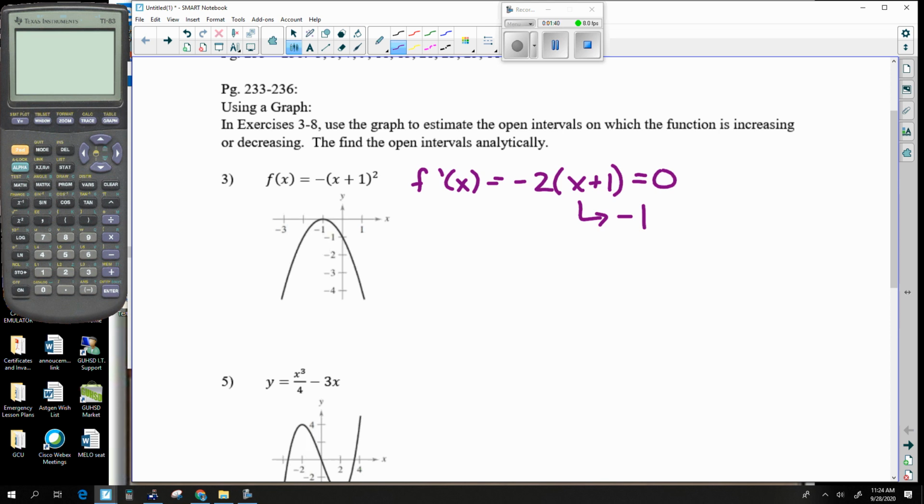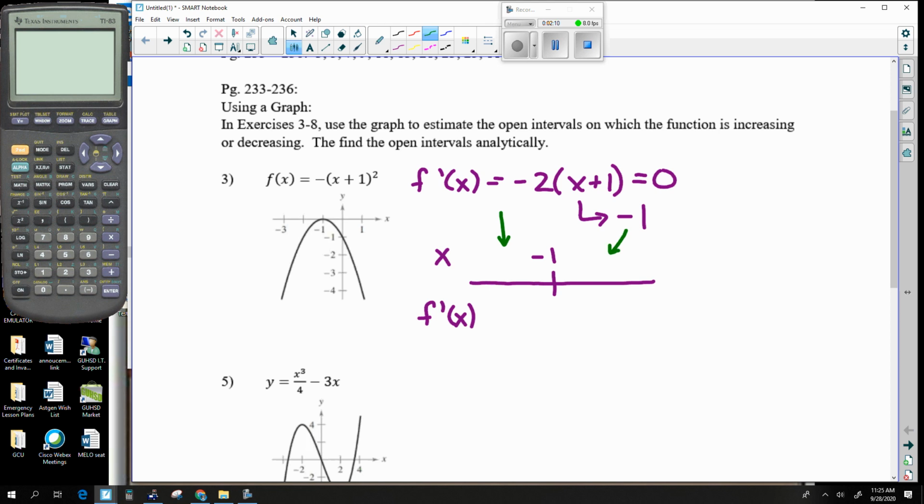What I do is I put this on a number line of all possible x's, in chronological order, so the only important x is -1. Now, I'm going to take a look at the derivative. Again, the derivative is the slope of the graph. I'm going to test a number over here and over here.